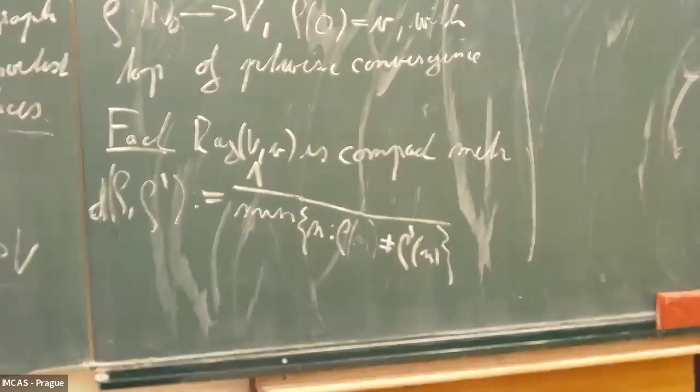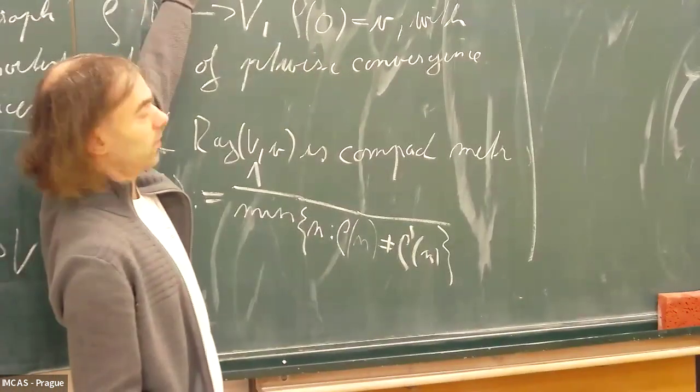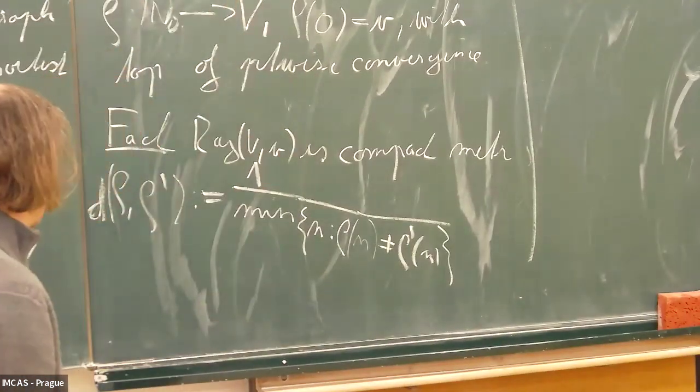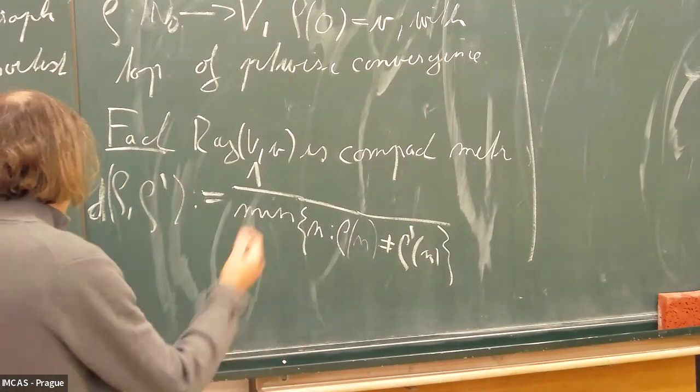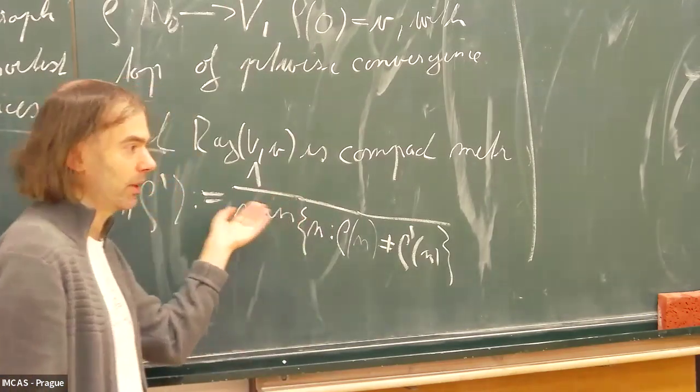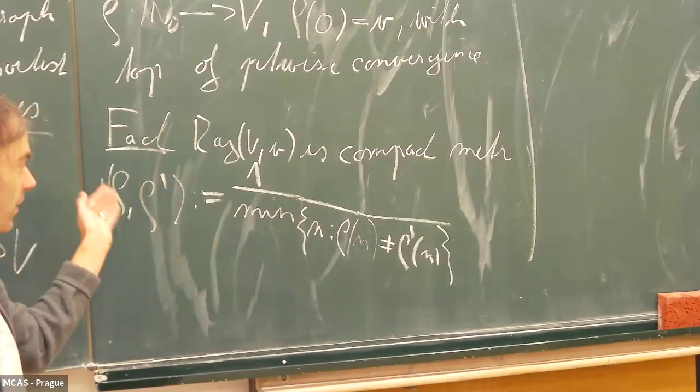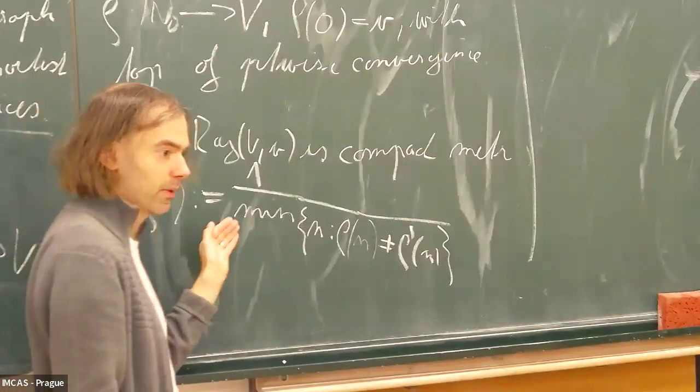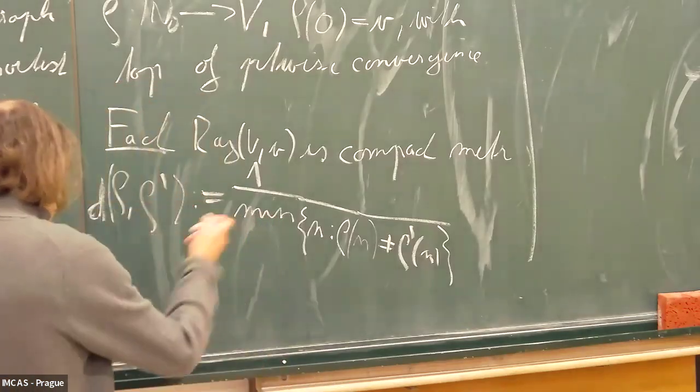And this is why we assume local finiteness, and this is again easy to check. Because the space is metrizable, you can check compactness just by showing that if you take a sequence of rays, then a subsequence will converge.